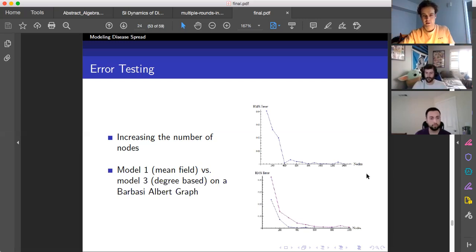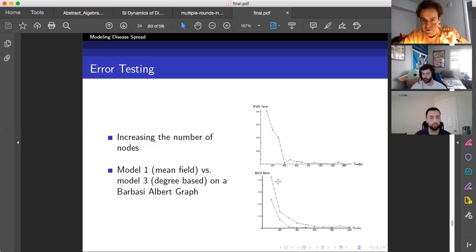Here we're going to graph both of those on a Barabasi-Albert graph and then look at the root mean square errors. We were trying to get some quantitative evidence that the degree based model is a better match for the Barabasi-Albert graphs. We kind of already knew it, it makes sense, but this was just to get some actual evidence here.